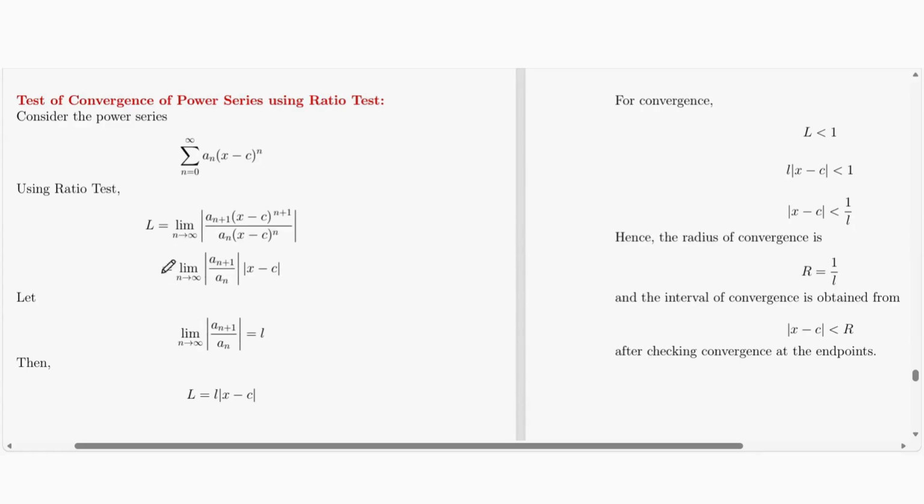As per the definition, L is equal to the limit n tends to infinity of a_(n+1) upon a_n. Here n is replaced by n plus 1, so we get a_(n+1) (x minus c) raised to n plus 1 upon a_n (x minus c) raised to n.